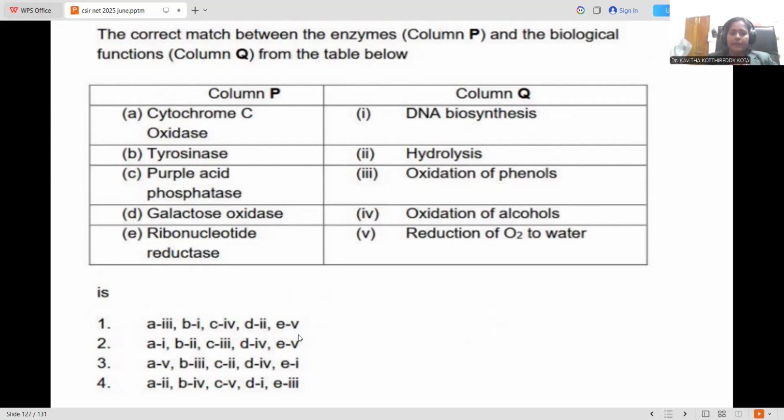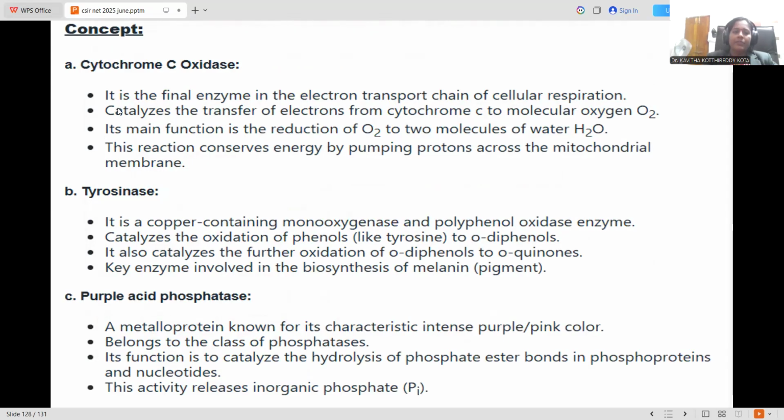For that purpose, we have a theory. Cytochrome c oxidase: if this is the enzyme, let me show what activities it possesses. It is the final enzyme in the electron transport chain of cellular respiration. It catalyzes the transfer of electrons from cytochrome c to molecular oxygen, O2.